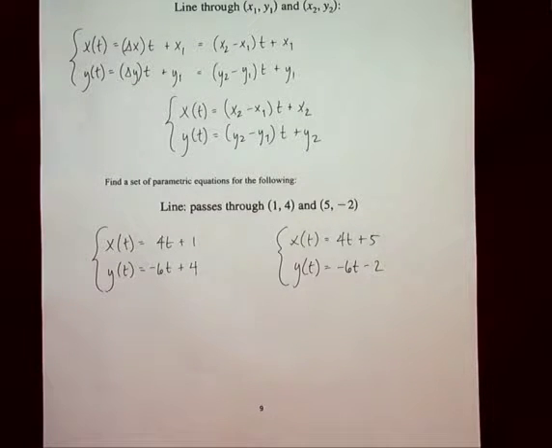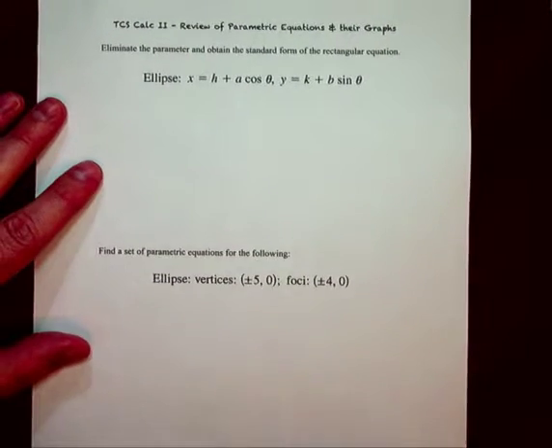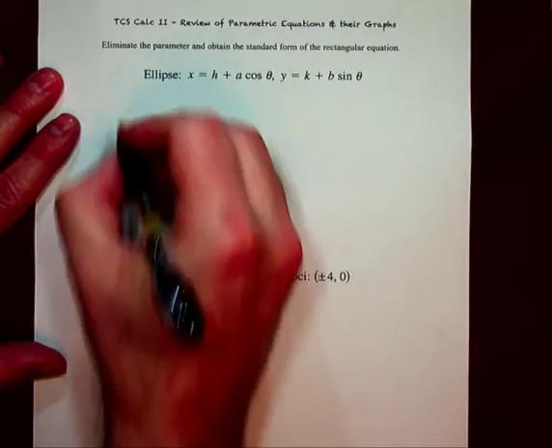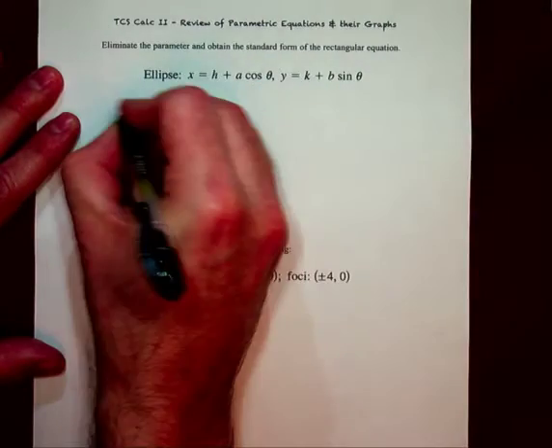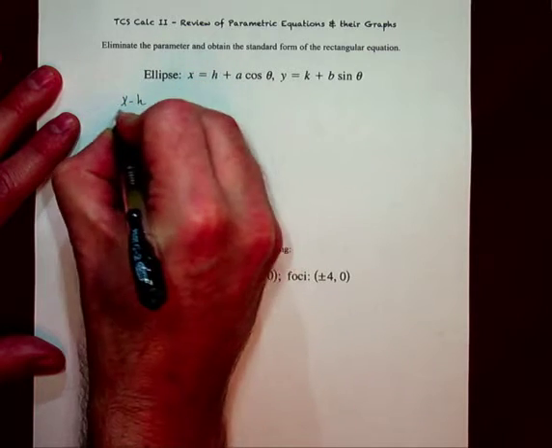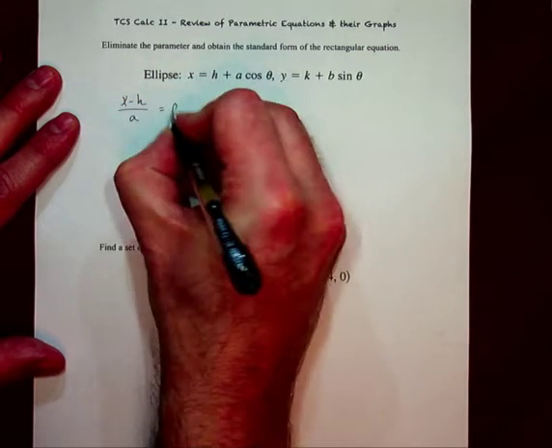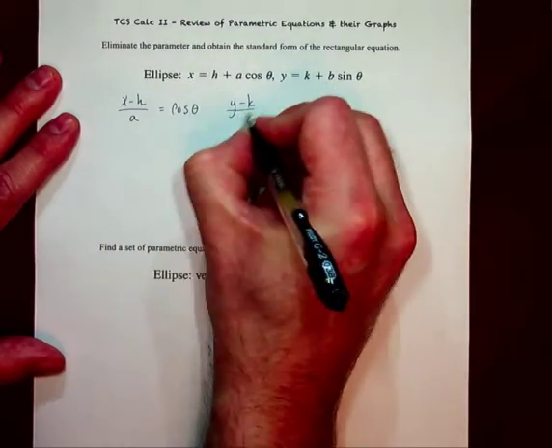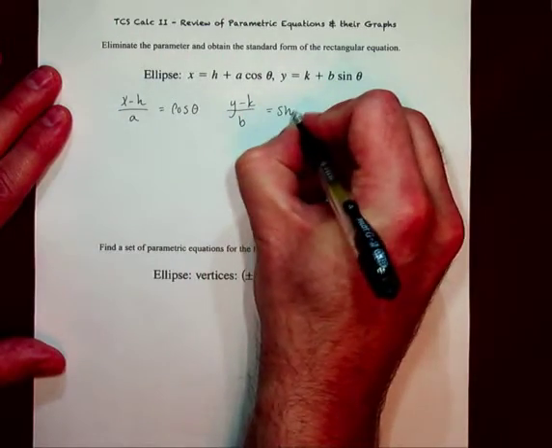Let's go ahead and move on to something a tad more difficult. Let's just do ellipses in general, okay? Well, we need to solve for cosine and sine. So x minus h over a is equal to cosine theta, and y minus k over b is equal to sine theta.